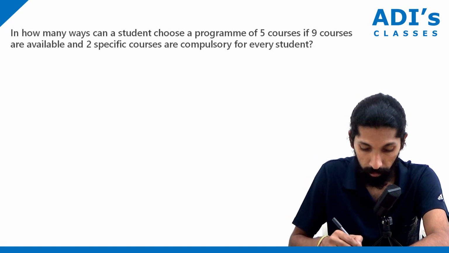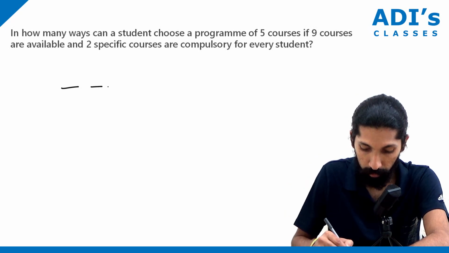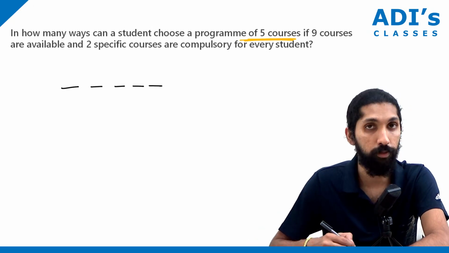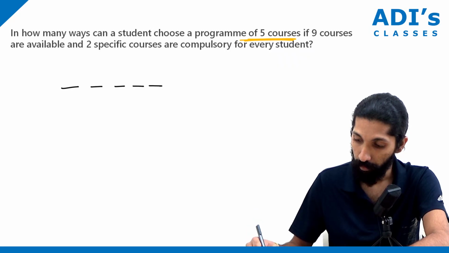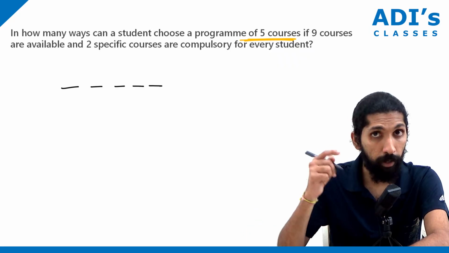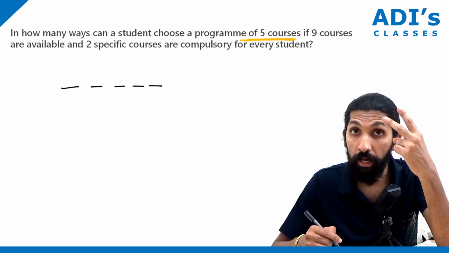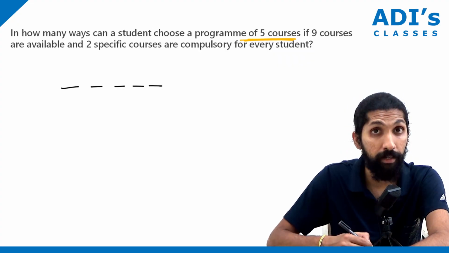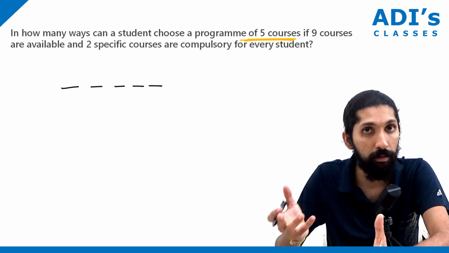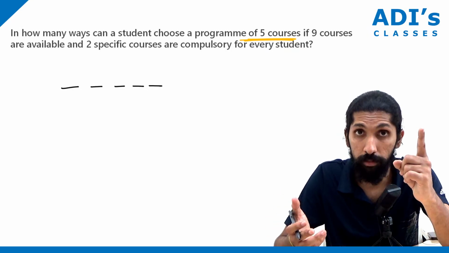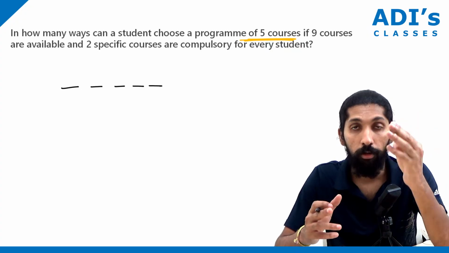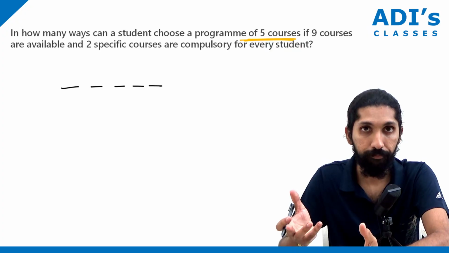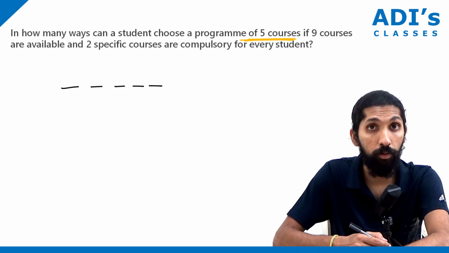That means here we have 1, 2, 3, 4, 5, because we have to select 5 courses, right? So of the 5 courses, 2 are mandatory. It doesn't matter whether you take the first course as mandatory or the 4th course, 5th course, 3rd course, whatever it is, but you have to select them.